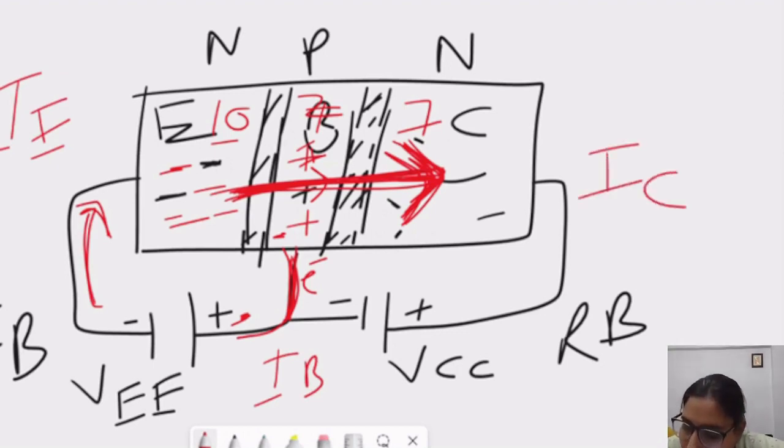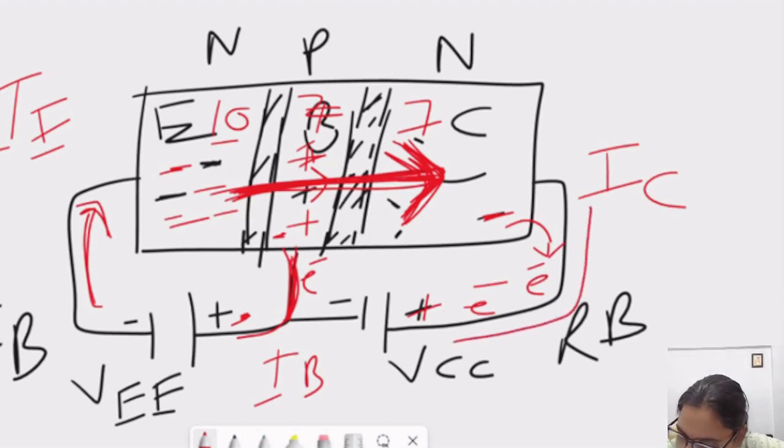Now here we can see that this is negative charge, this is positive charge. So these electrons are attracted by this battery, so electrons will try to flow in this direction also. Whatever the direction of electron flow, current will flow opposite to this direction. So IC current will flow in this direction.